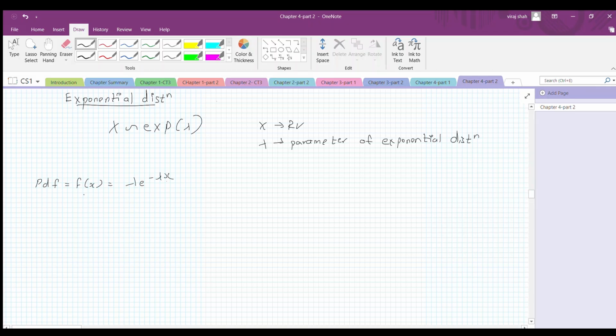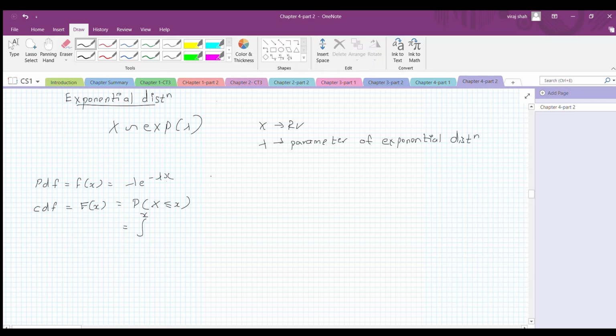So going ahead, what do you mean by CDF? CDF is capital F of x. It is nothing but probability of X less than or equal to x. So it has the maximum value of x. What would be the minimum value?